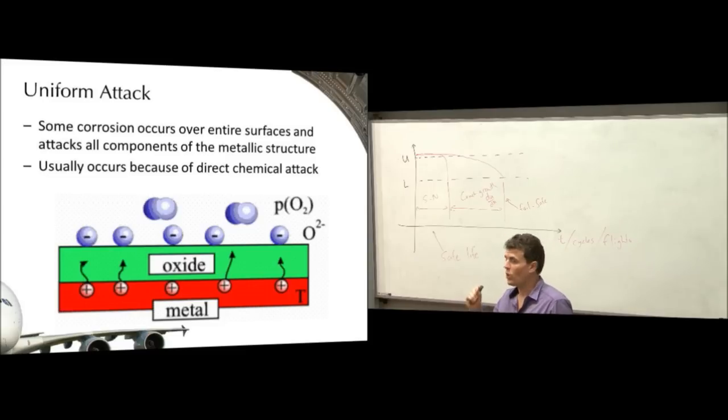But once an oxide layer is formed, that oxide layer is then very resistant to further corrosion. So aluminium actually comes with its own corrosion screen, I suppose. It's got its own coating that comes from oxygen in the environment.